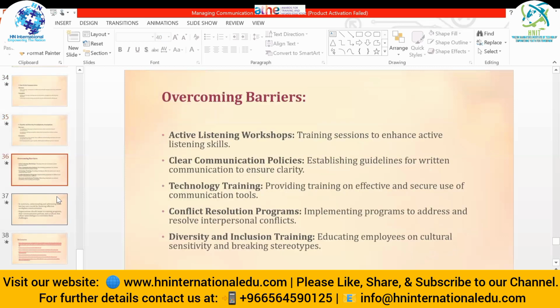Then the general solutions which we can discuss at the moment: active listening workshops, training sessions to enhance active listening skills; clear communication policies, establishing guidelines for written communication to ensure clarity; technology training, providing training on effective and secure use of communication tools.